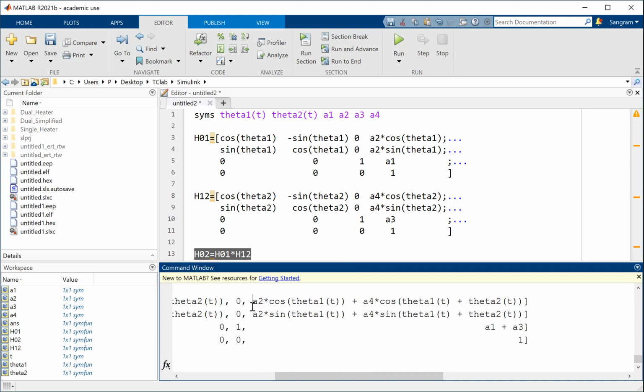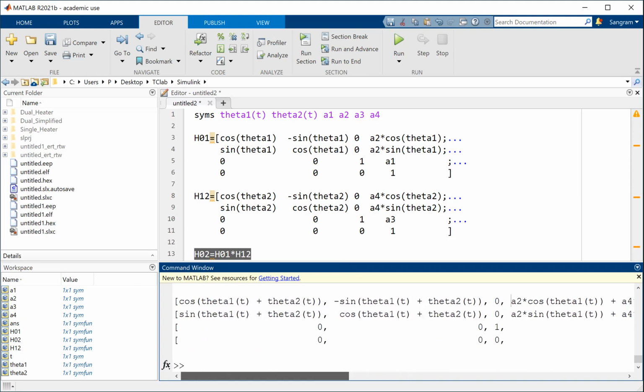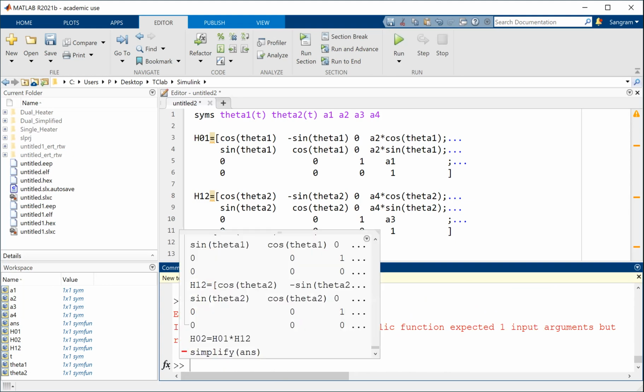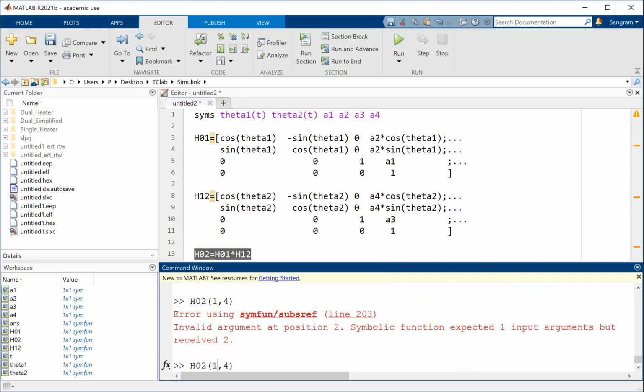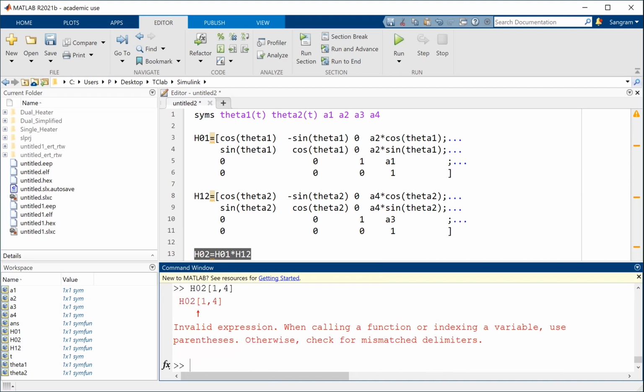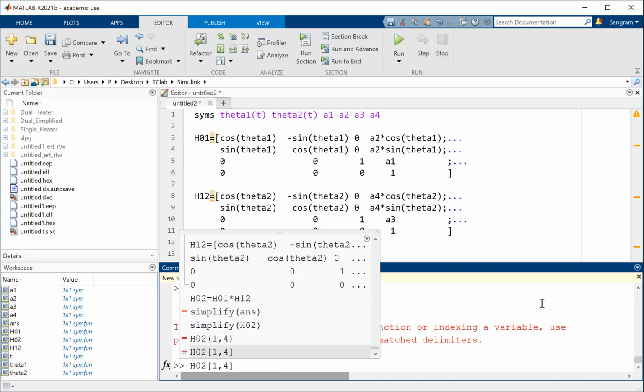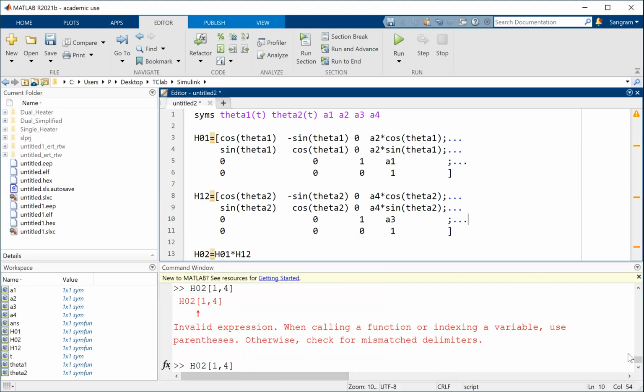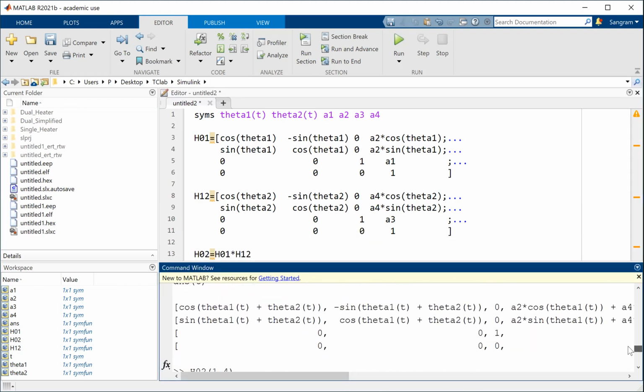To find velocity, you can say H02, first row, fourth column. Yeah, now it's a symbolic variable, so I will show you the way I would do it. It's a symbolic variable, it would complain.